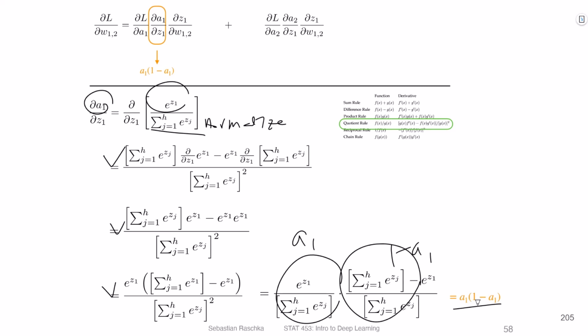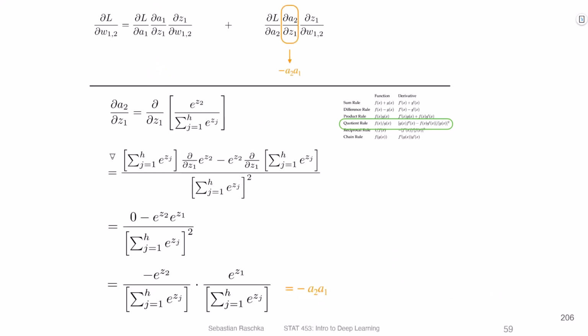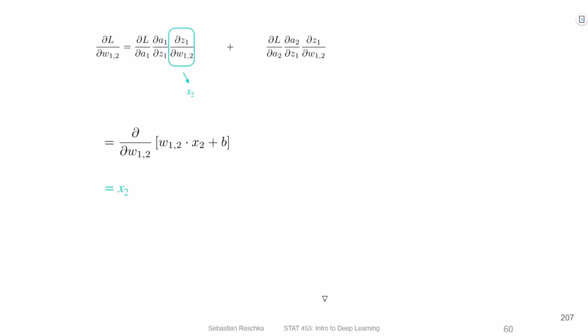You can take your pen and paper and derive this on your own. Similarly, you can follow these steps for this one, and this will result in minus A2 times A1. And this is simply X2 because we are calculating this one. This one becomes 1.